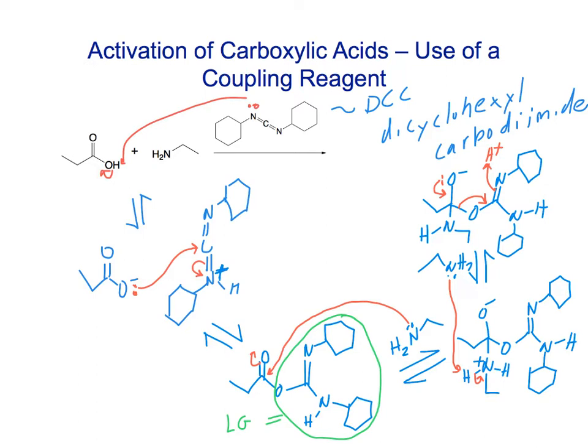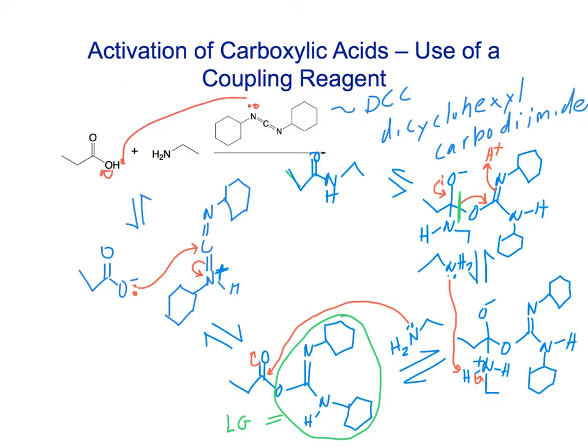Okay, so let's see what we got out of this. We ended up breaking this bond right here and reforming our carbonyl. So I'm going to have to squeeze this in here. We got our amide, right?